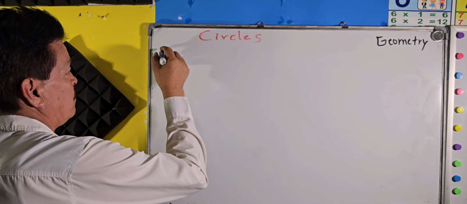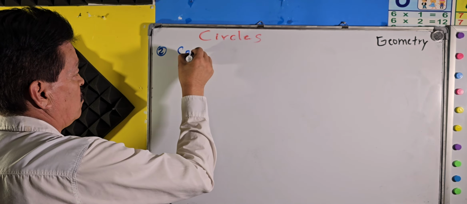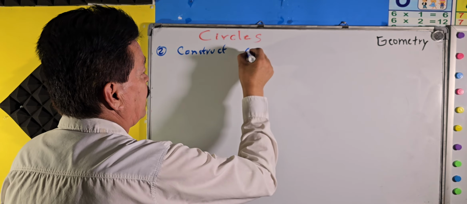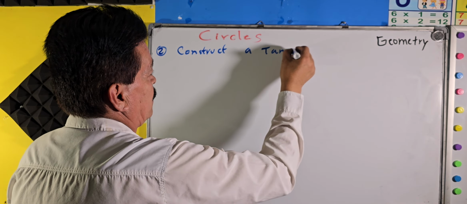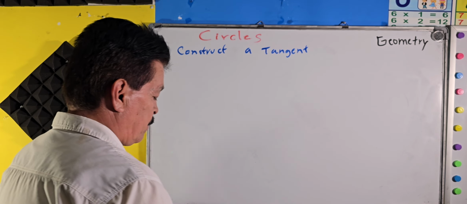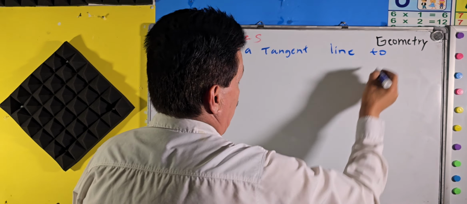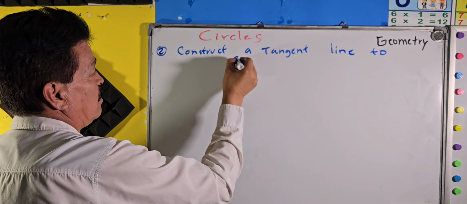So next topic: number 2, construct a tangent line to a circle.